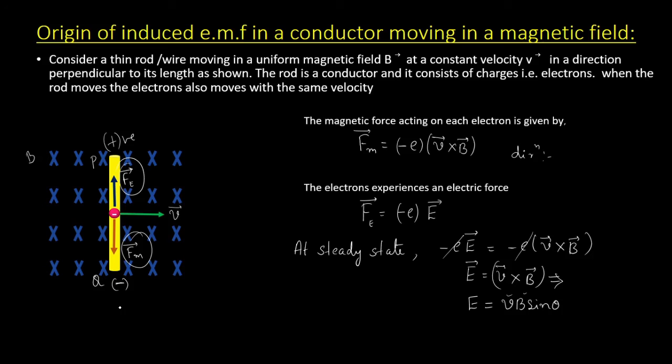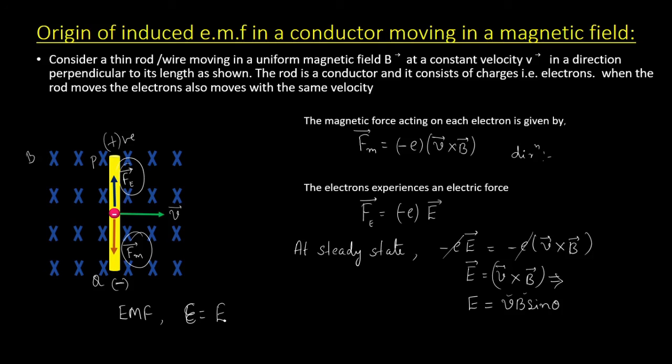Because there is a potential difference between the two ends of the conductor, I can say an EMF is generated across the rod, and the EMF is given by epsilon is equal to electric field into the distance or the displacement of the charge.